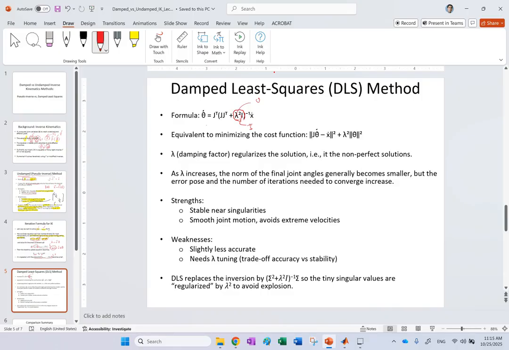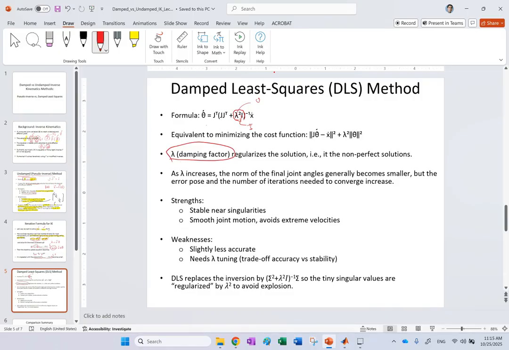You're right, that's correct. And that is exactly what we want. When we are getting close to singularity, we want this method to still work, even though it doesn't give me perfect results. I still want it to work, and that is exactly what damped least squares is doing. So this lambda is called the damping factor, and it's a tuning parameter that you can pick.